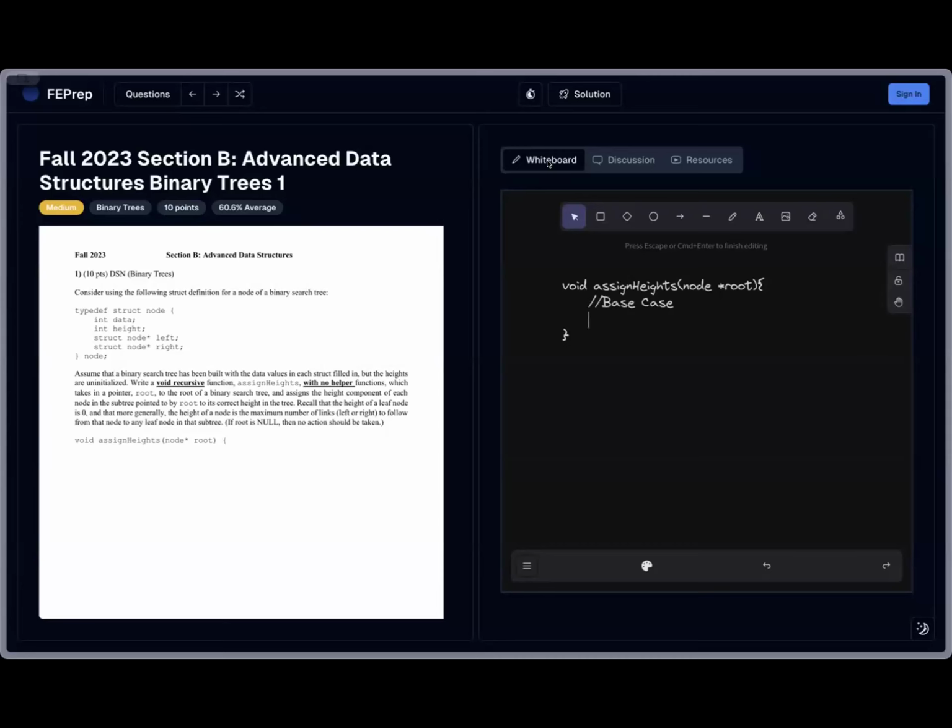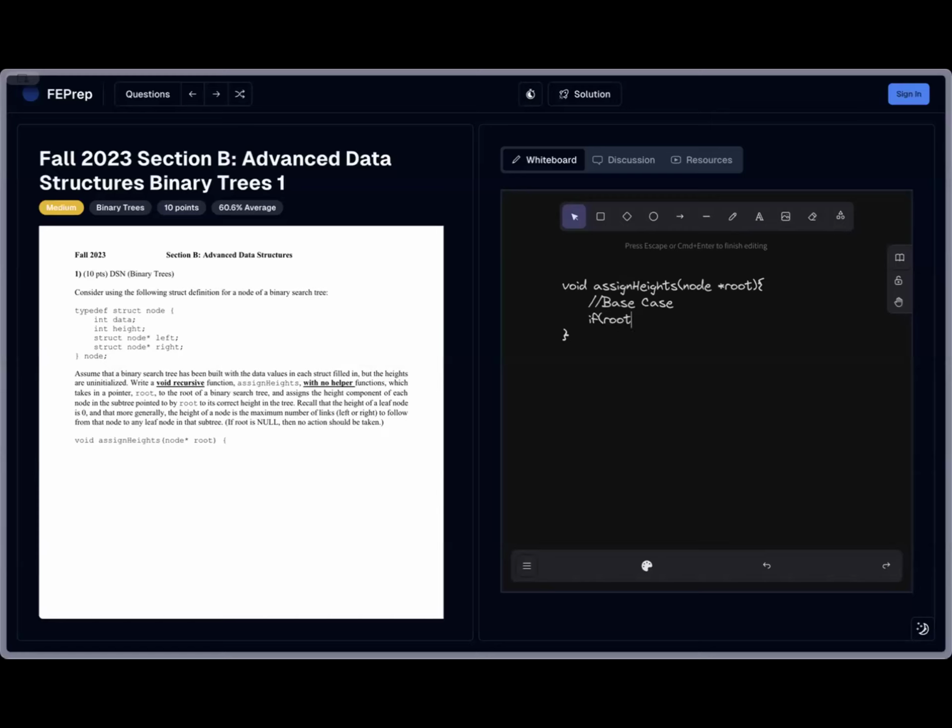So in this problem, it's saying if root is null, then no action should be taken, right? Based off of that assumption, meaning that if it's not null, then you would take action. Now you can do this base case of if root is equal to null, return null. However, you can't return null, it's a void. But for the most part, your base case should be this.